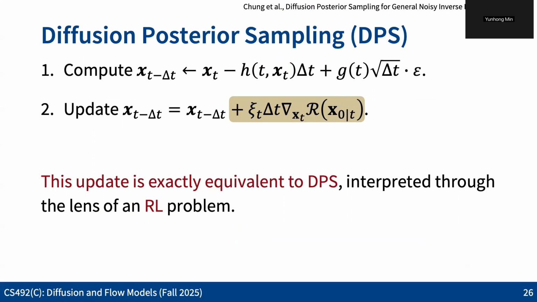If you plug in the minus of the L2 loss, then you can see that this becomes exactly the same formulation as the DPS formulation that we have seen. So this is another way of interpreting the formulation of DPS, not based on the DDPM formulation, but based on a more RL-style formulation. Makes sense?